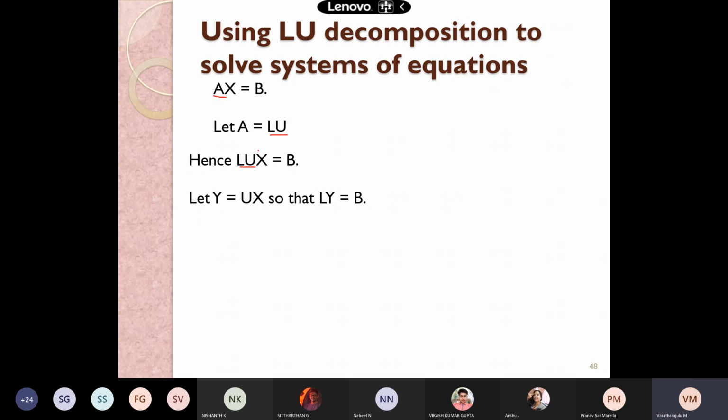Instead of Ux, I am going to apply the value of y. So now L into y is equal to B. So here solve this triangular system for y.